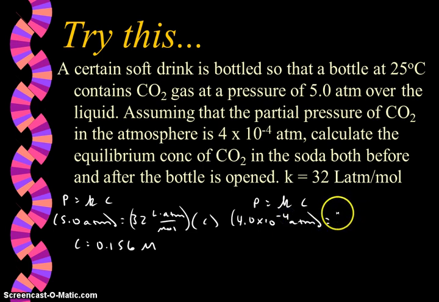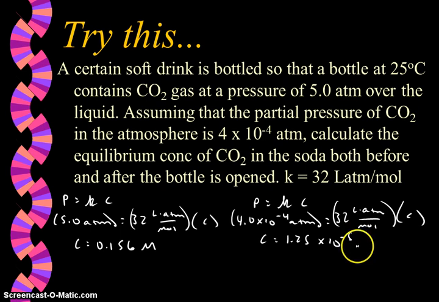Our K is a constant, so it's the same, 32 liter atmosphere per mole. And we want to calculate what our new concentration is. So we divide both sides by 32, and we get our new concentration is 1.25 times 10 to the minus 5 moles per liter, or molarity.